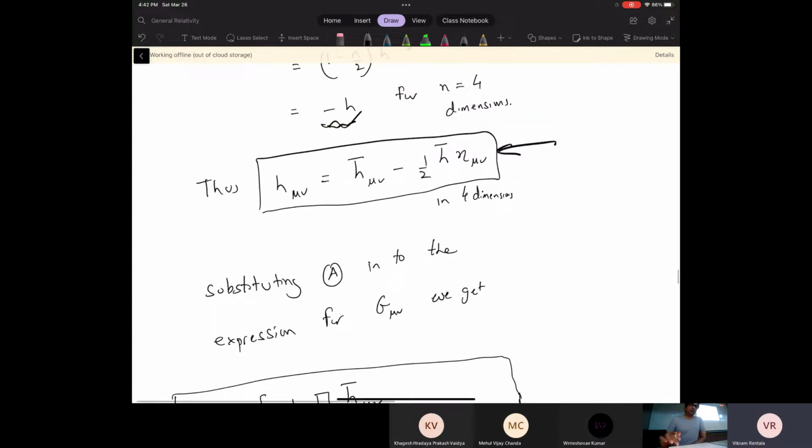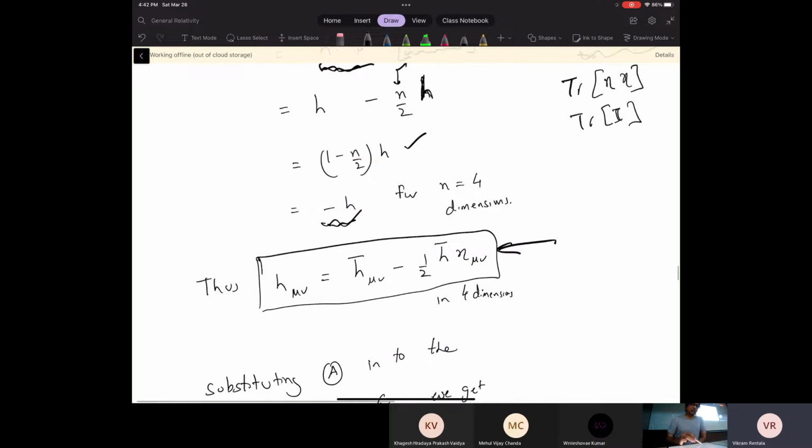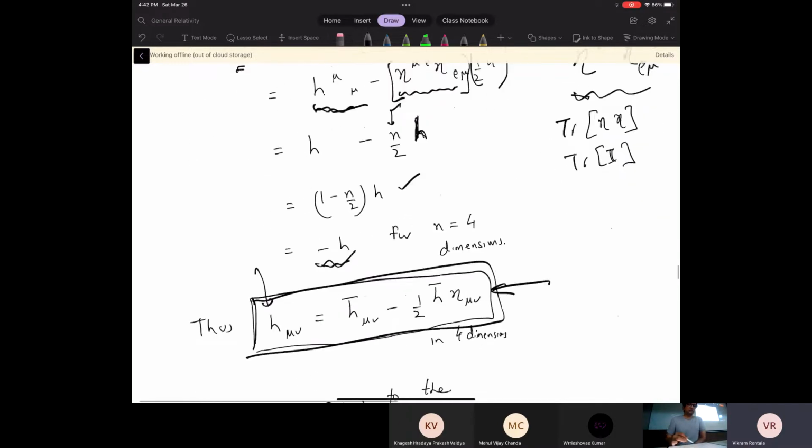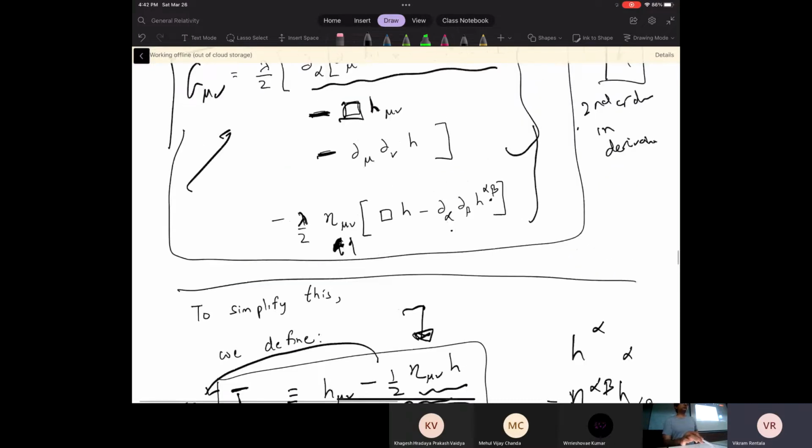All right, so now we have this expression. Instead of h mu nu, we can just substitute in terms of h bar mu nu and this h bar, which is the trace of h mu nu. We can substitute it back into g mu nu, and we can get a wave operator for h bar instead of a wave operator for h.